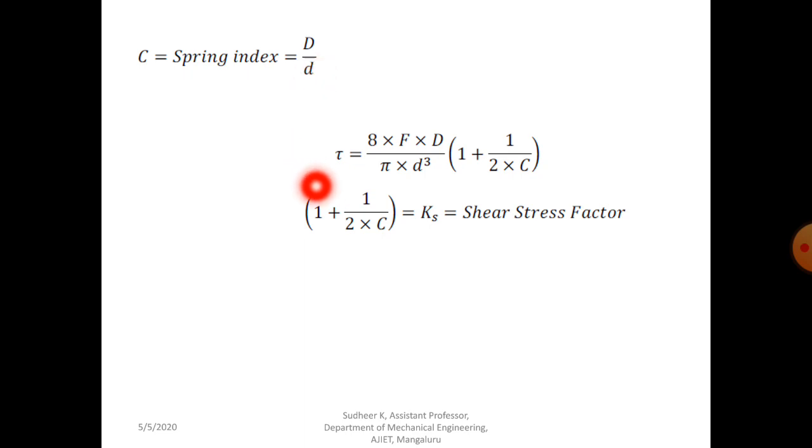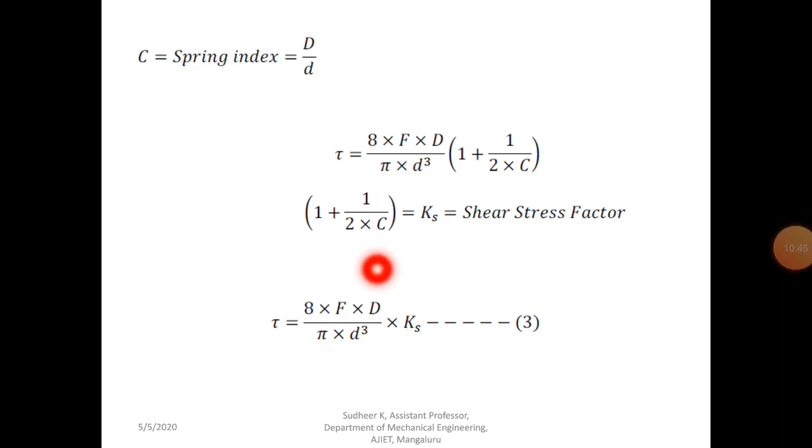Now we substitute in the previous equation, replacing D by d as C. Therefore the equation for shear stress is given by 8 into FD divided by pi into d cube, times 1 plus 1 divided by 2 into C. I will consider this whole term as one factor, Ks, because C is nothing but capital D by small d. So Ks is the shear stress factor.